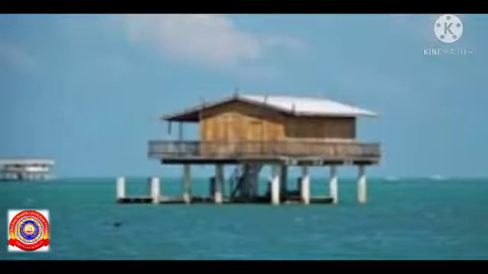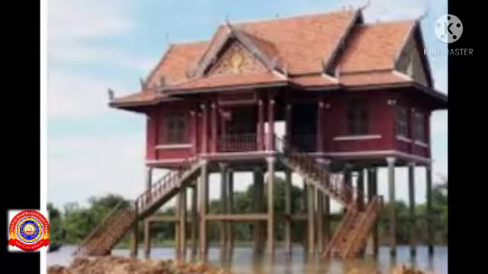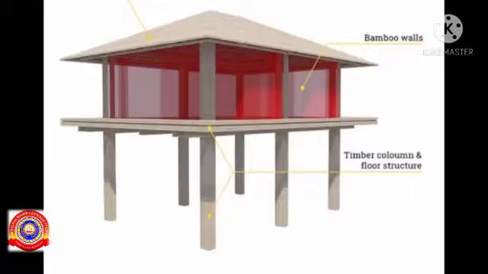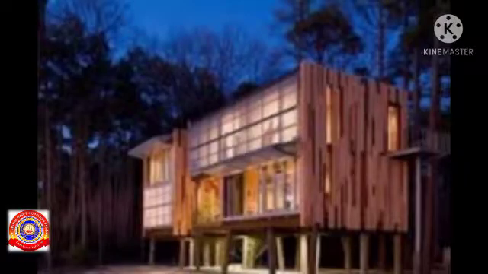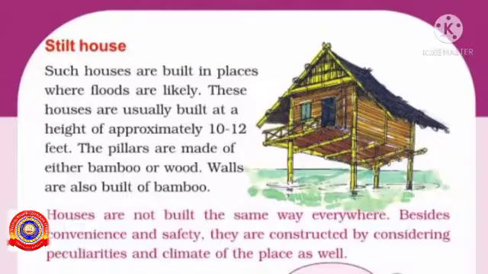These houses are usually built at a height of approximately 10 to 12 feet. The pillars of these houses are made of either bamboo or wood. Walls of these houses are also made of bamboo. Okay, my dears, so these are all about stilt house.